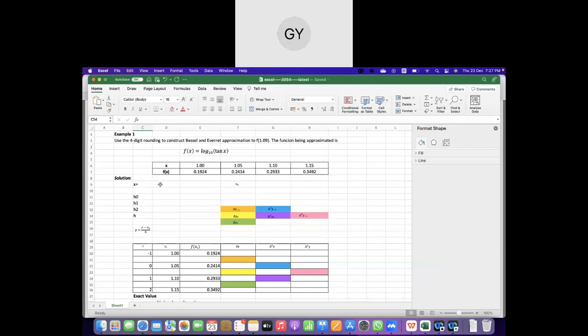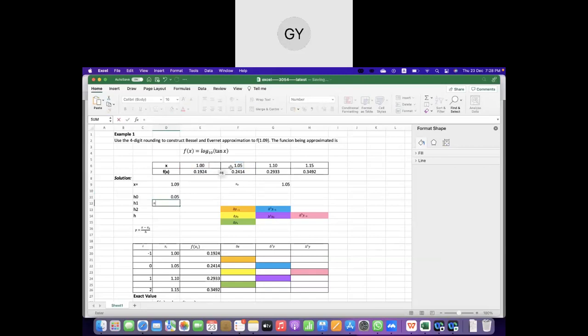So step 1, we need to mark down our x is 1.09, which is given by the question, and x0 is 1.05, since this value is the closest to the value of x. Then h0 is equal to 1.05 minus 1.00, which gives 0.05.